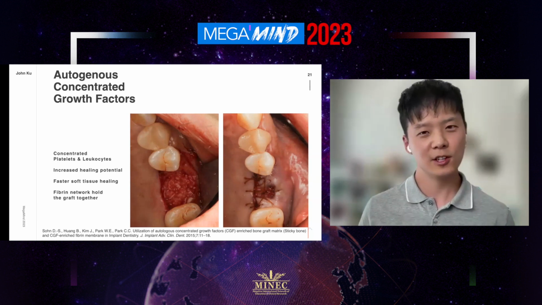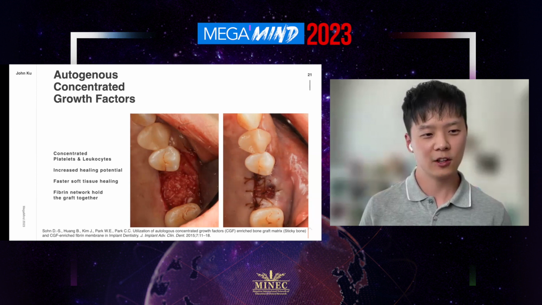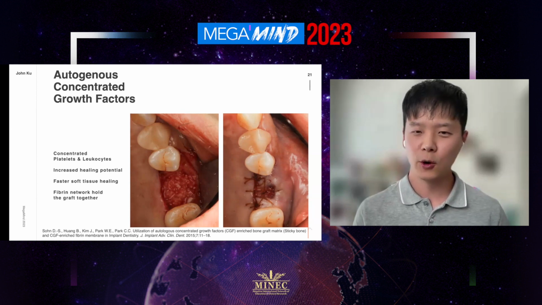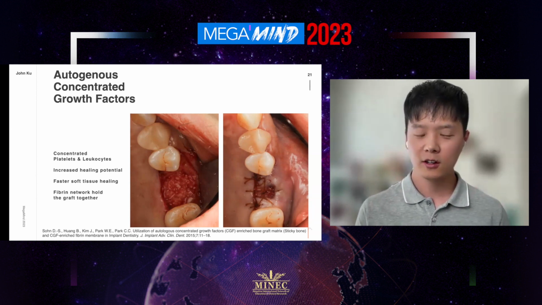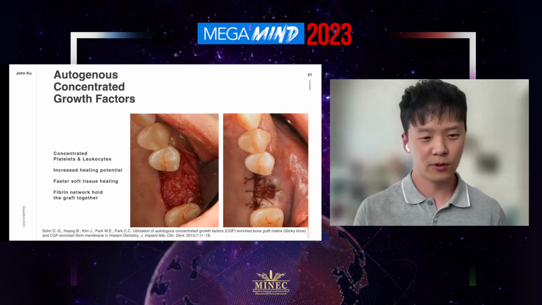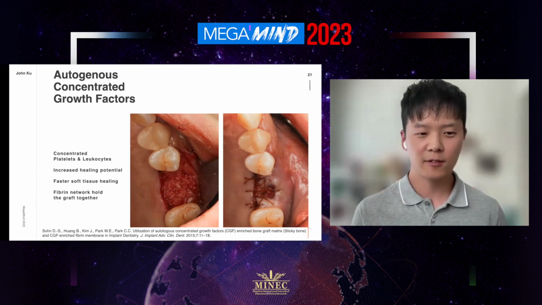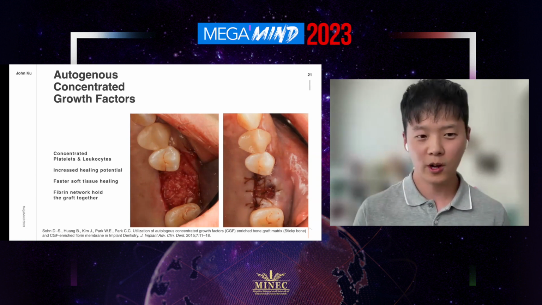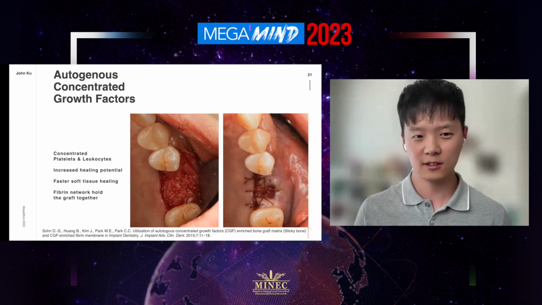And the beauty of sticky bone really relies on the fibrin network that holds the graft together. So in this case, it will prevent the graft from falling out of the socket or even falling into the sinus.